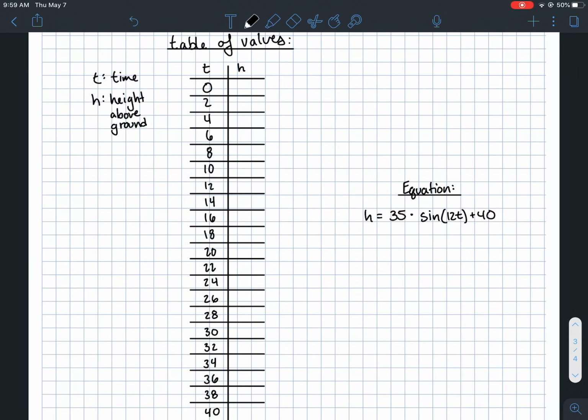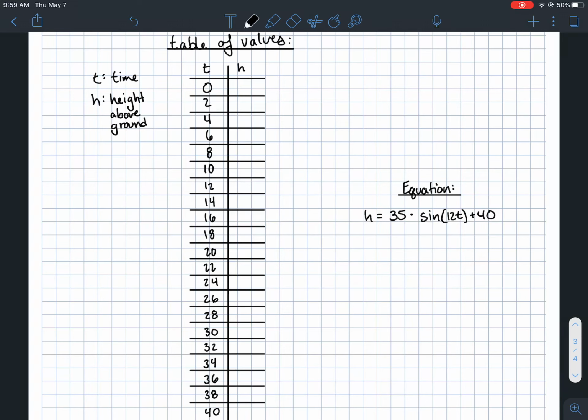Let me get out of here and put that into my calculator. So I have 35 times sine of 12, and we'll just say x, plus 40.